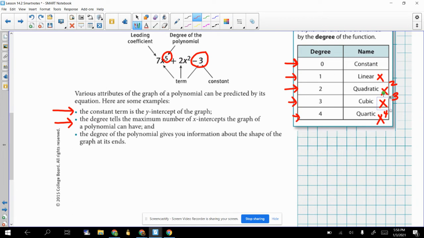So now we know that the graph could cross through the x-axis or have 5 x-intercepts. And then last thing, the degree of the polynomial also gives you some information about the shape of the graph at its ends. Okay, so we're going to talk about this a little bit later and throughout the week, but whether it's an odd number or an even number will help us talk about the end behavior. Okay. All right, cool. Let's go ahead and keep moving.